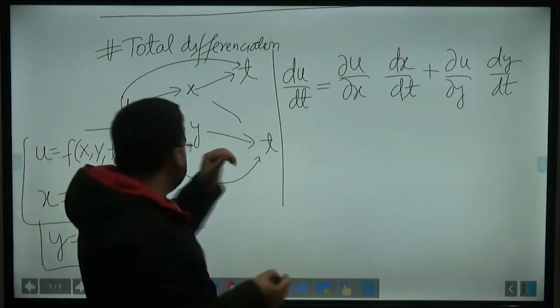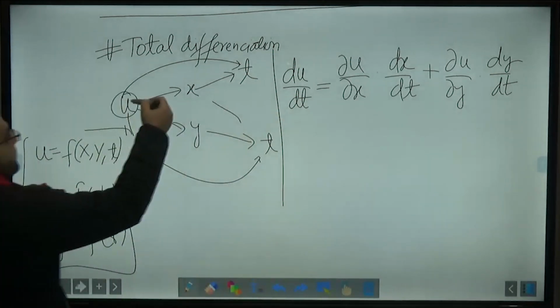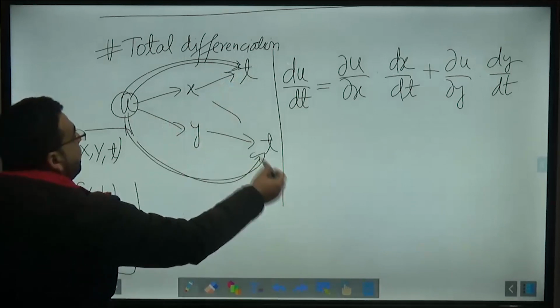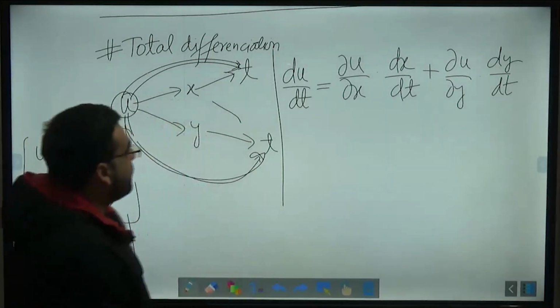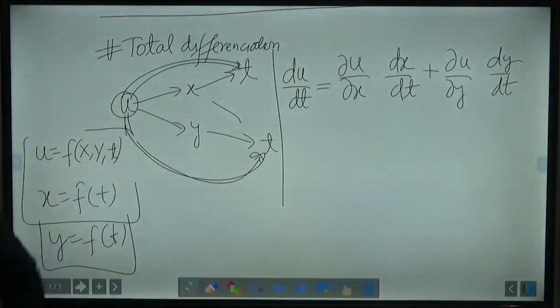Then du upon dt, if you want to define the relationship between this and the last thing, then we have the concept of the total differentiation, the total derivative. Then we also solved some questions on this topic. They were very lengthy questions we have already solved in the class.